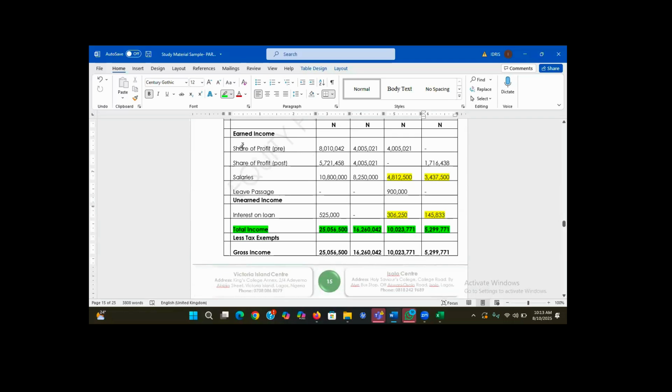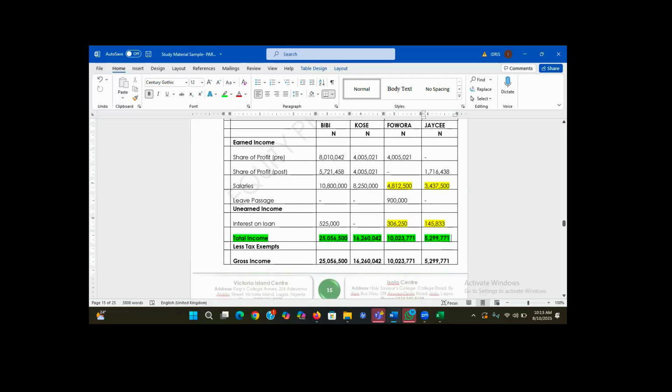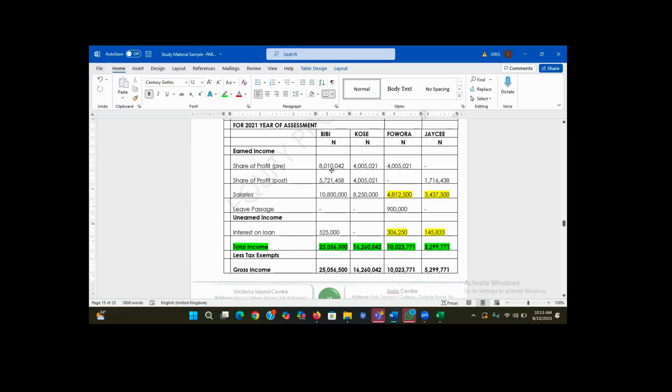We have 2 share of profit. Number 1 is share of profit pre-admission of JC. You can see for BB, 8 million, 10,042. For Kose, 4 million, 5,021. For Fora, 4 million, 5,021. No share for JC.